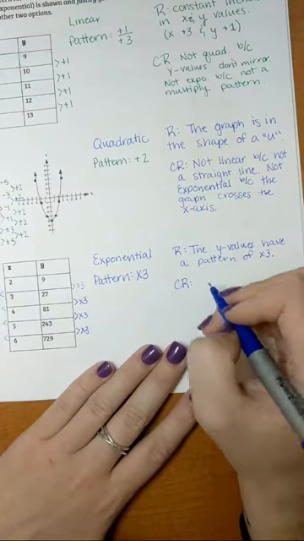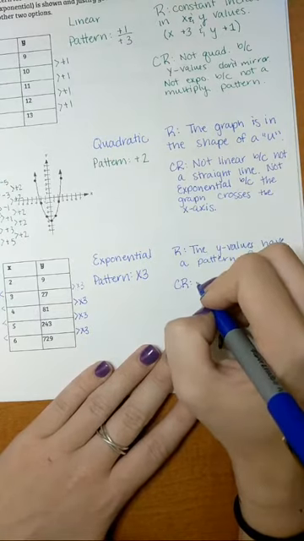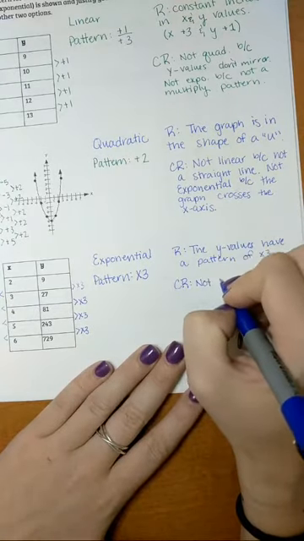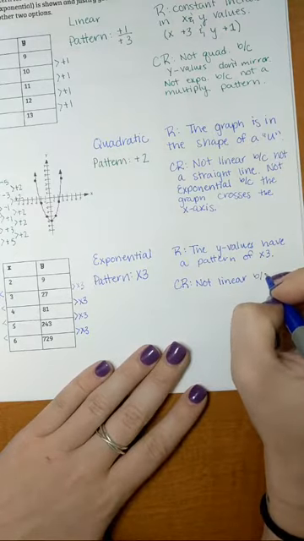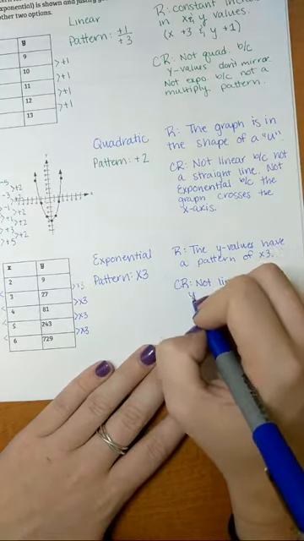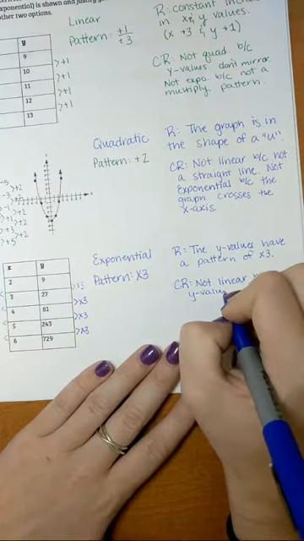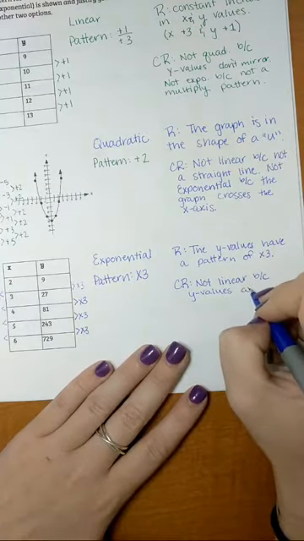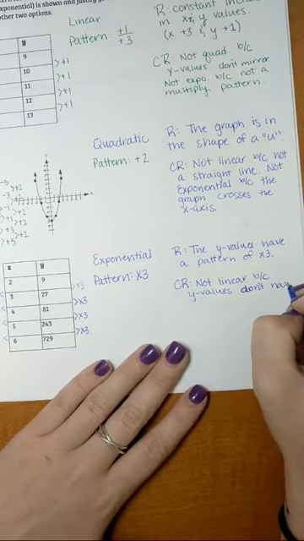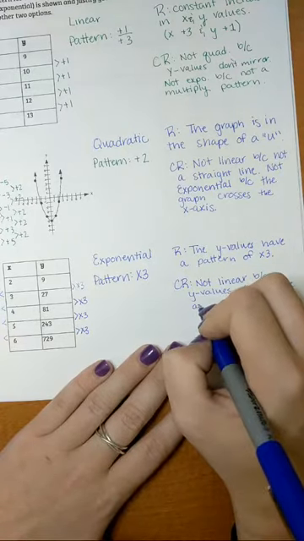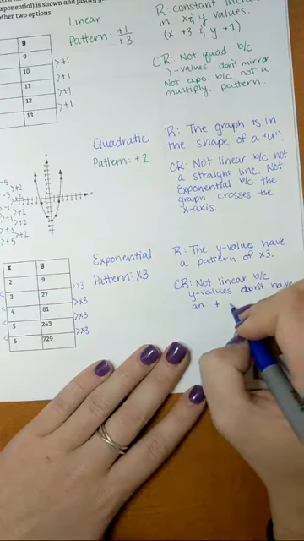And our counter reason, so it's not linear because the y values don't have an adding pattern.